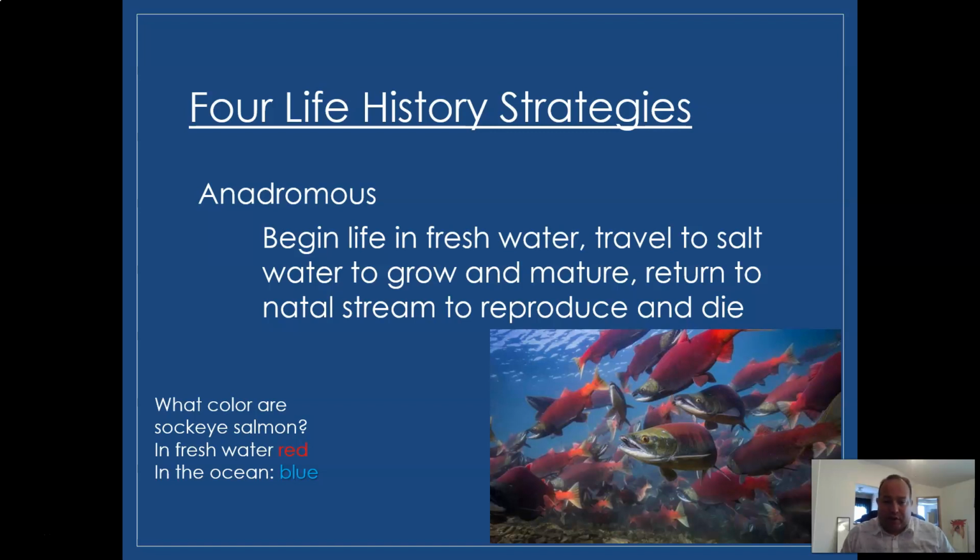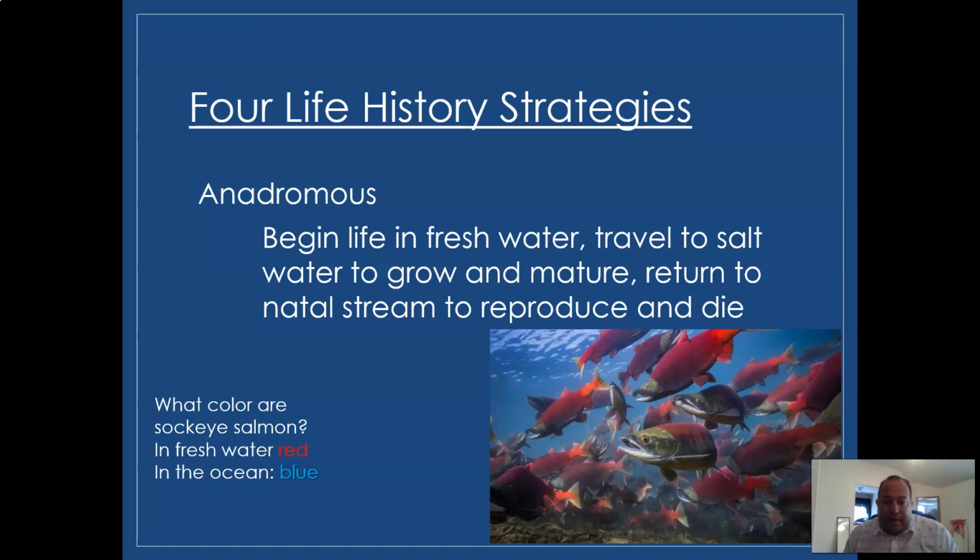They start off in freshwater, they travel to salt water to grow and mature, and then they come all the way back to where they were born. They reproduce, and as soon as they're done with that, they die. Sockeye salmon, or just any kind of salmon, is a good example of an anadromous fish.